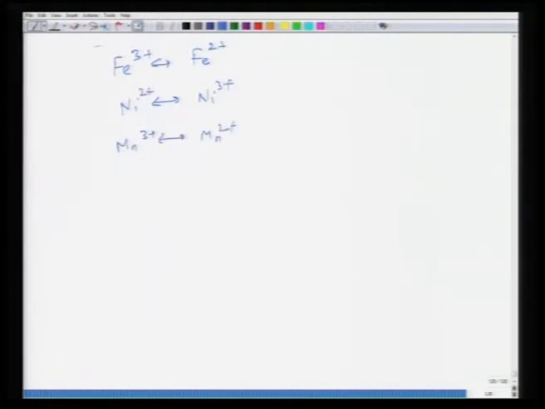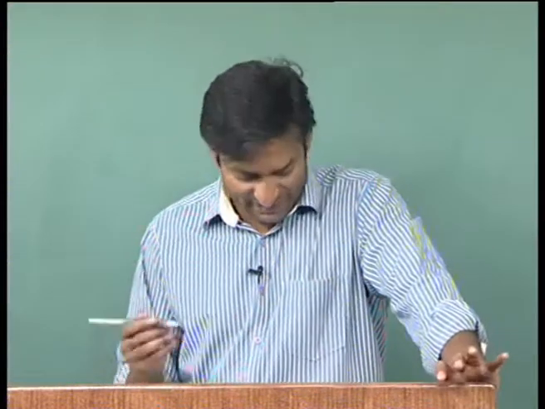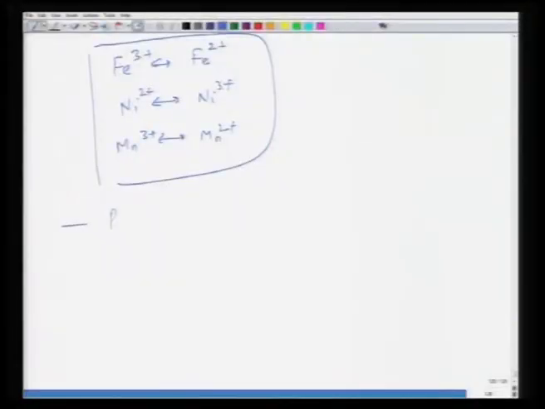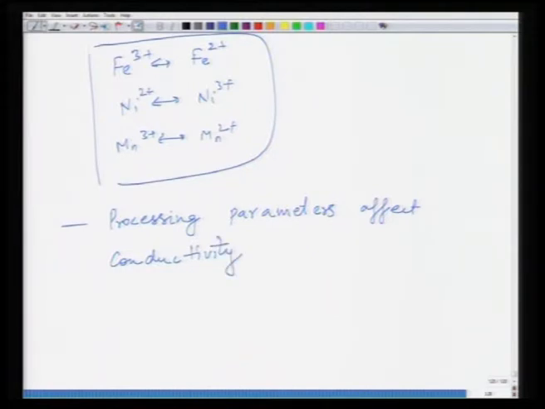So, since all these d transition elements are susceptible to changes in their oxidation states, this carrier hopping becomes a major problem in terms of increasing the conductivity of these materials. However, you can change the conductivity of these materials by careful processing. So, processing parameters such as conductivity or resistivity.